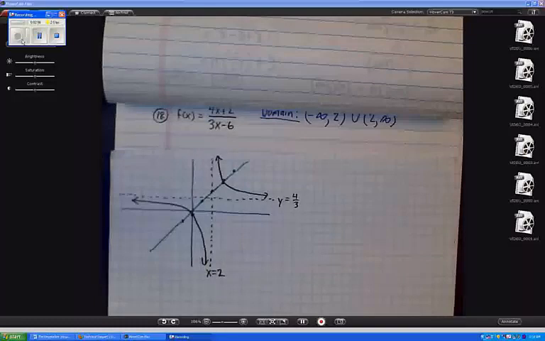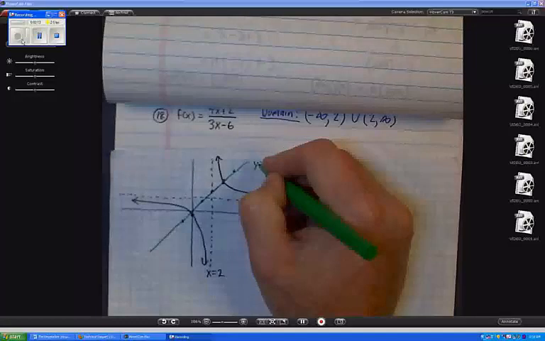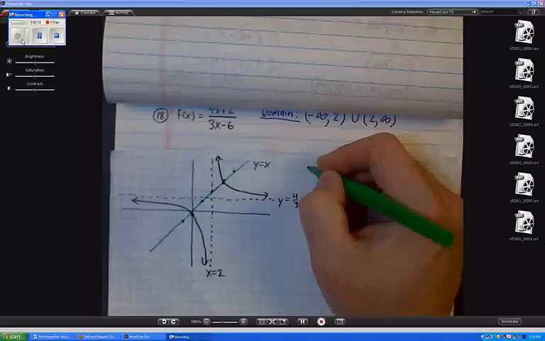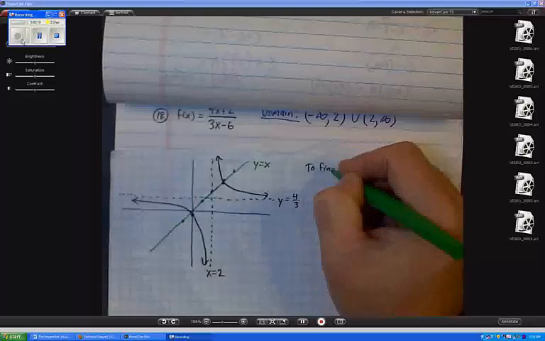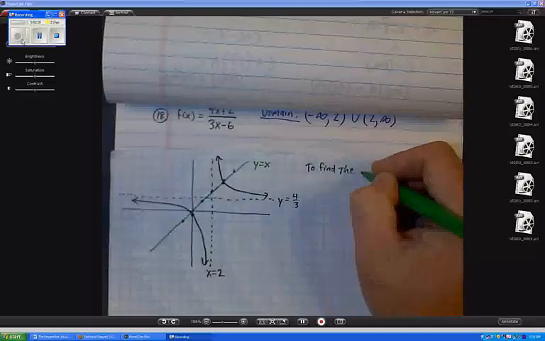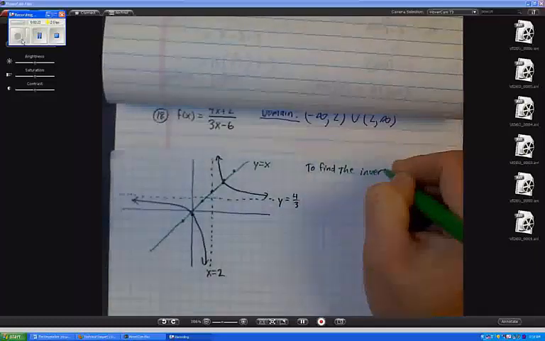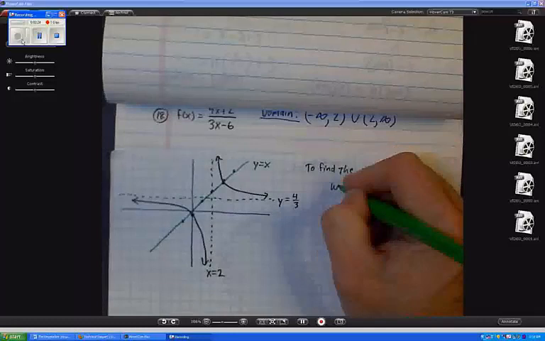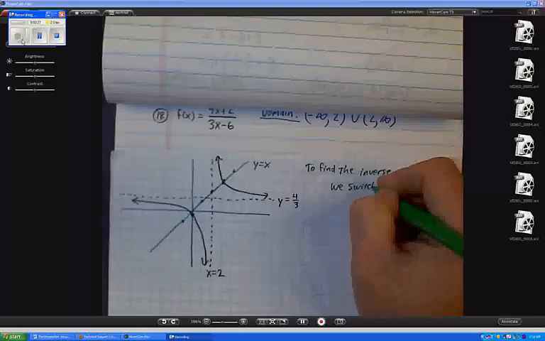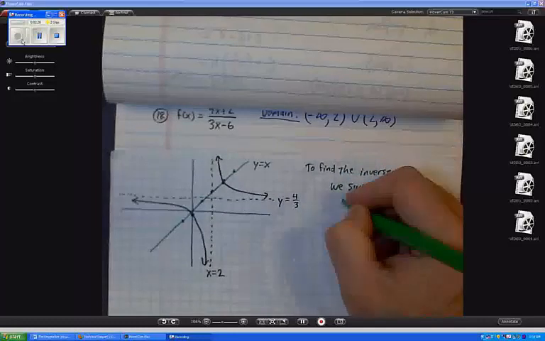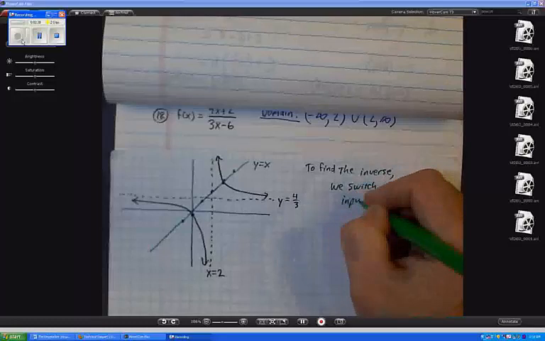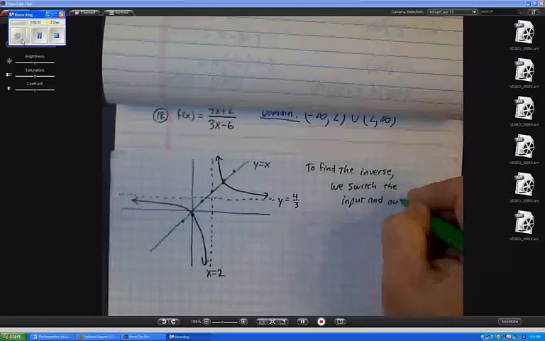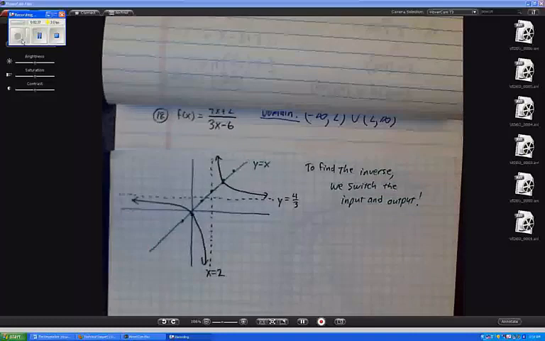To find the inverse, we switch the input and output. That's what we do. We switch the input and output. And the reason I do that is because, which letter is the input here?